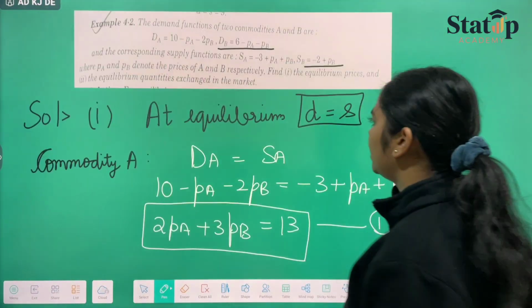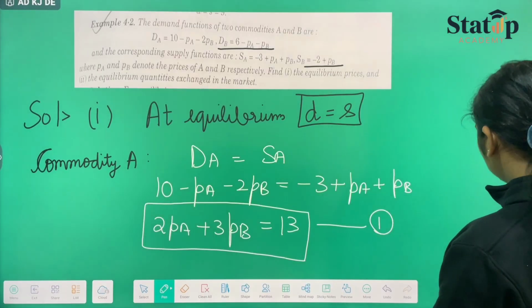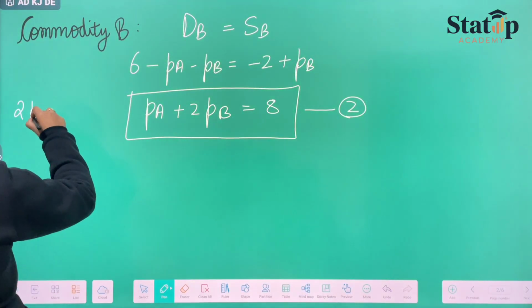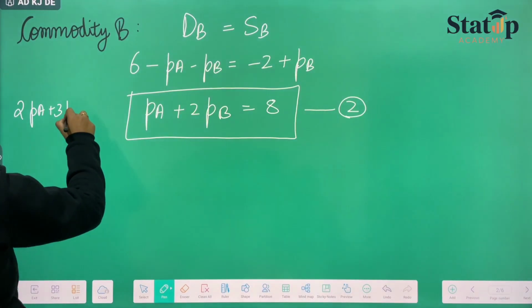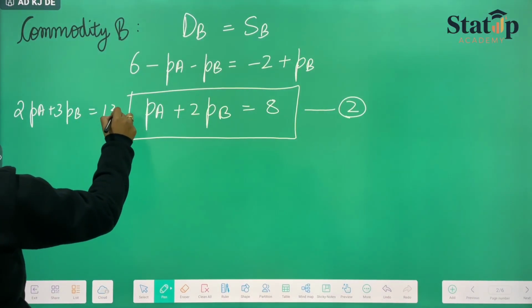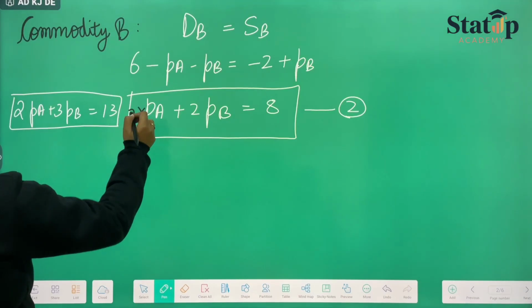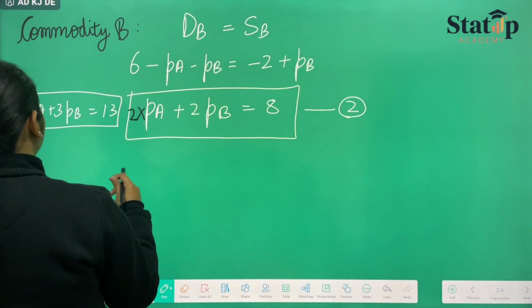Now equation number 1 is 2PA plus 3PB equals 13. If we multiply equation 2 by 2, we can get the answer.